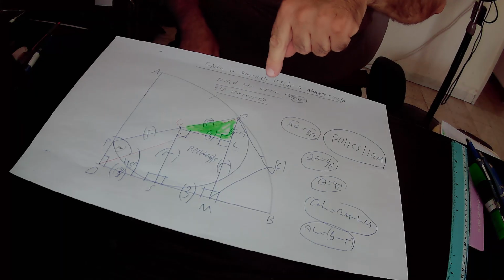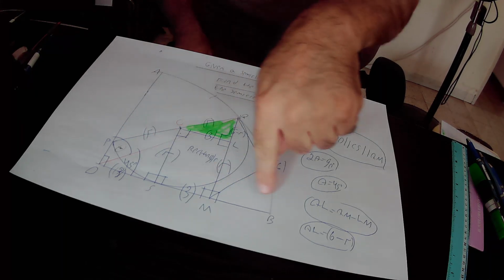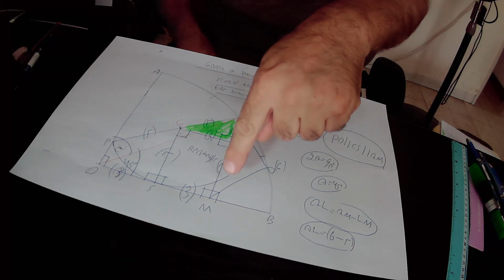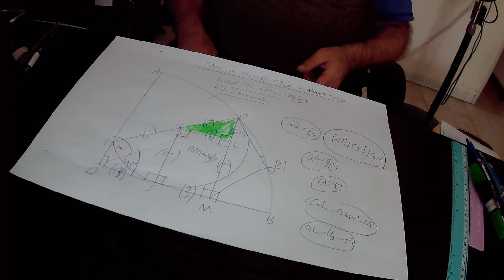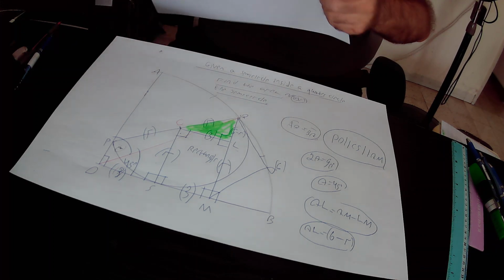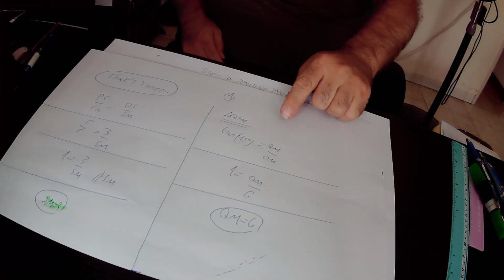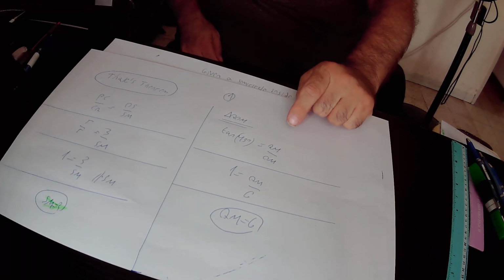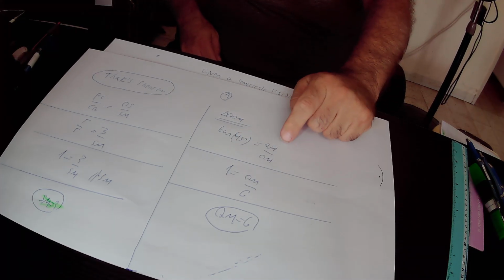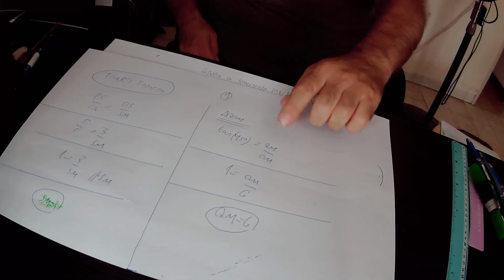In the right triangle QOM, sine 45 degrees equals QM over OM. Sine 45 degrees is 1 over root 2, equals QM over OM.